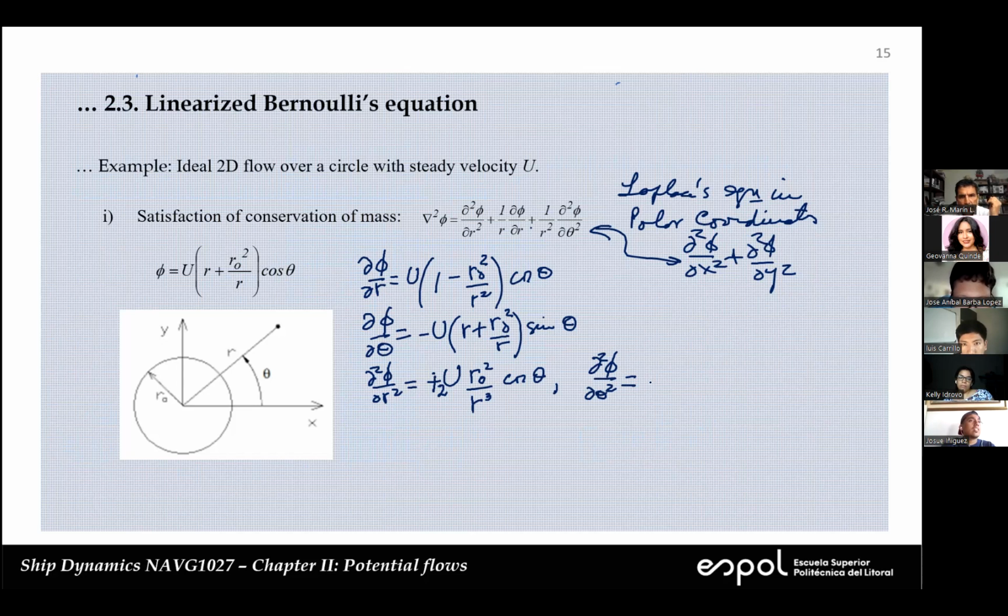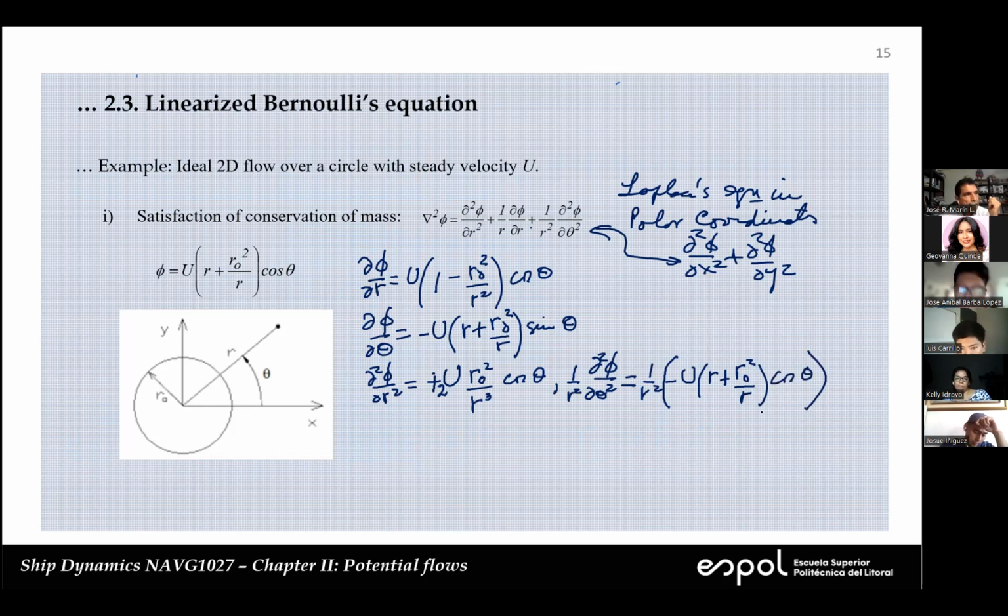Yes, it is minus U times r plus r0 squared over r, cosine theta. Okay.